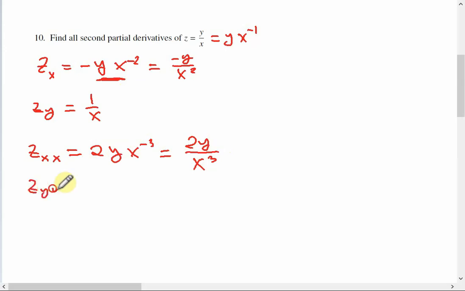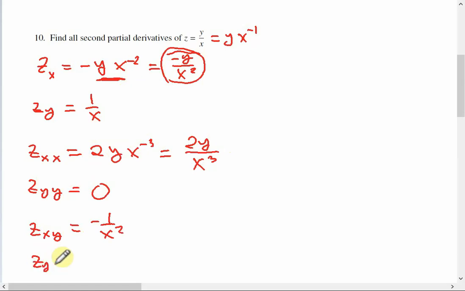Now my second partial with respect to y, that's the derivative of this one with respect to y. Well, there is no y, so that's 0. And then I want the mixed partial. Just take the partial with respect to x, then with respect to y. So that's either one of these, but let's just say that's this one. And I can see there's only a y right here, so it's just going to be minus 1 over x squared.